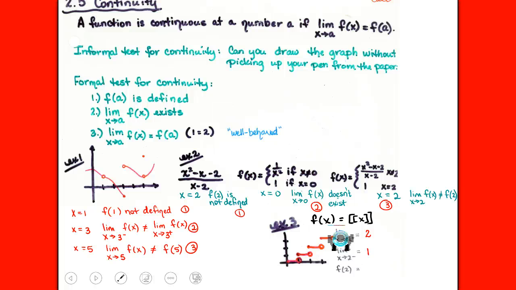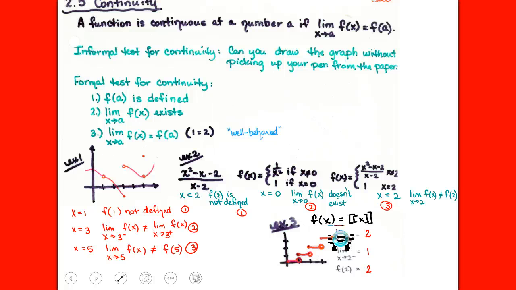But if I do f of 2, that means when I put 2 in for x, what do I get for y? Well, if I do greatest integer function for 2, the whole number that's less than or equal to 2 is 2. So even though this function is not continuous at 2, if you'll notice, the limit as x approaches 2 from the right and the f of 2 are the same.